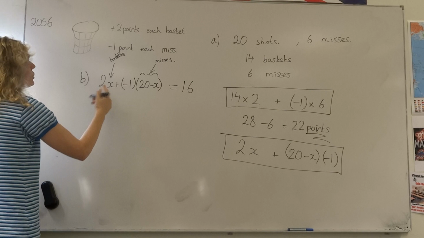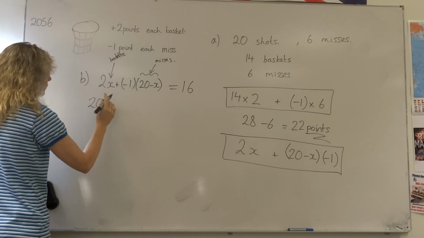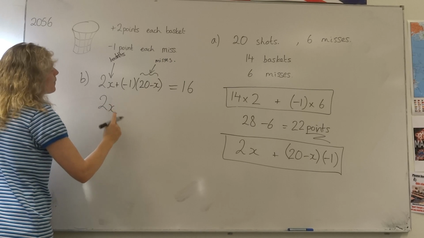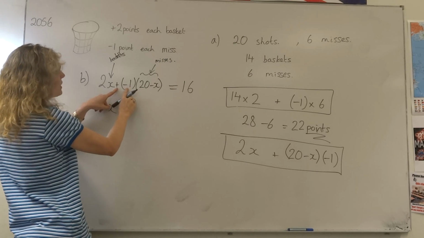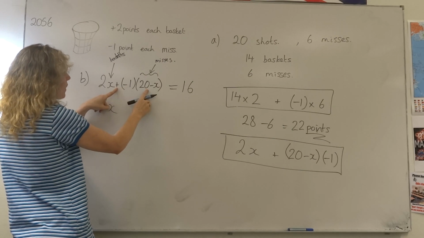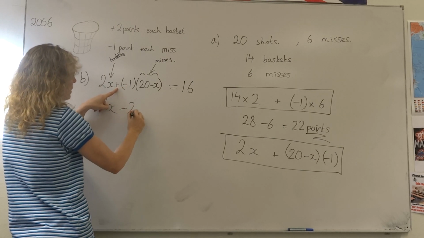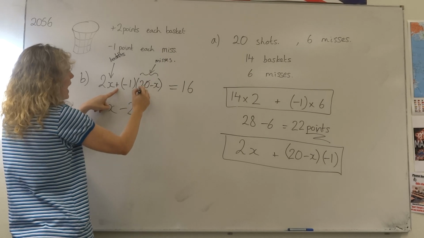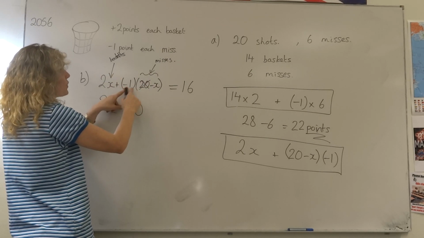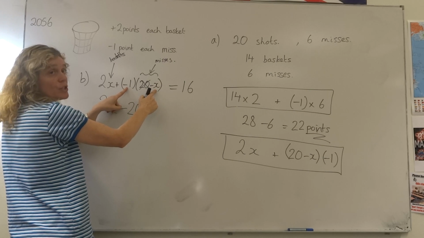So it's quite easy. 2x, whoops, if you write correctly it is, 2x plus -1 times 20. -1 times plus 20 would give us -20. And I've now multiplied the -1 by 20, but I haven't multiplied the -1 by -x. I have to do that as well.